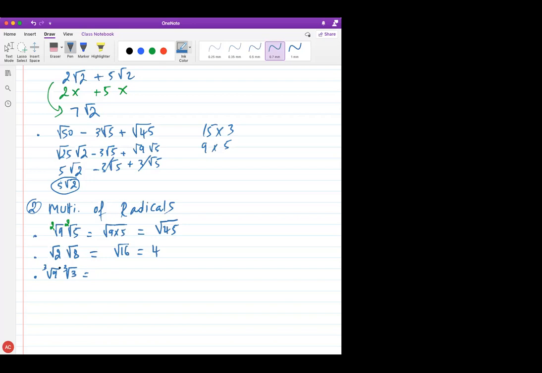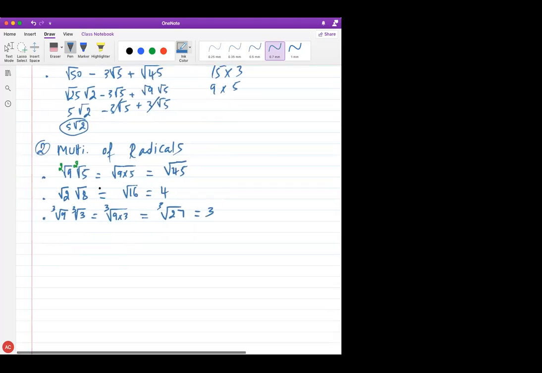Yes, you have to have the same index, which is good. Then we're just going to multiply the radicands, which is the cube root of 27. What was the cube root of 27 again from last time? 3, right? Yeah, the radical is 3.